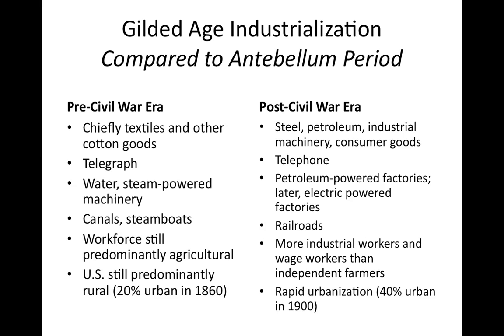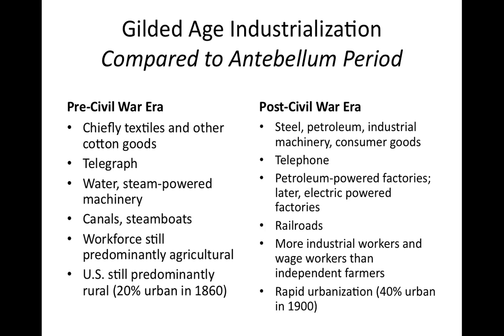And later, when electricity in the last 2 decades of the 19th century is invented and becomes used more widely, factories are powered now by electricity, which of course is far more powerful than water or steam power.